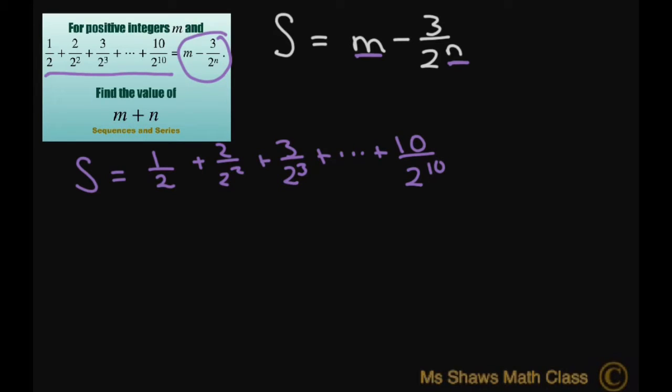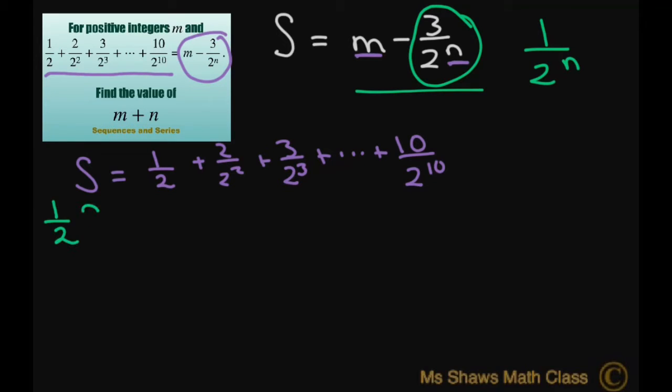Now, from here, I notice I have something divided by 1 divided by 2 to the power of n. So to simplify this and get something like this, I'm going to multiply my sum by 1/2 and then subtract these two.